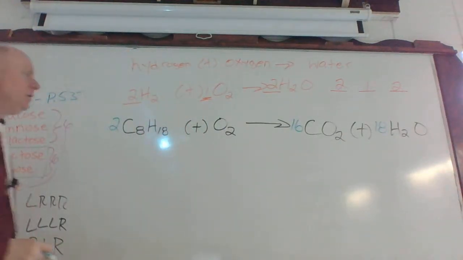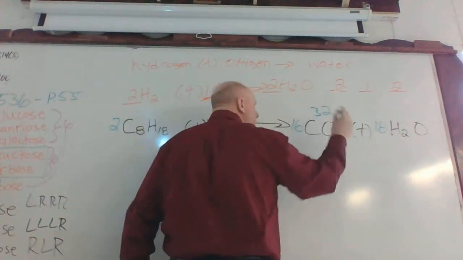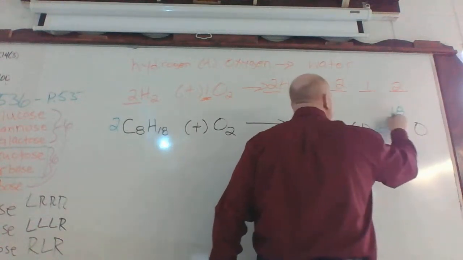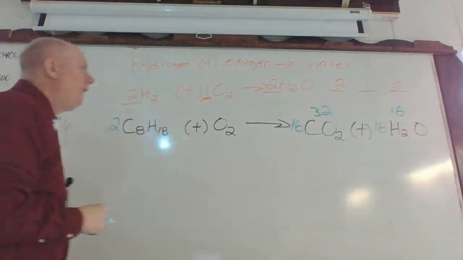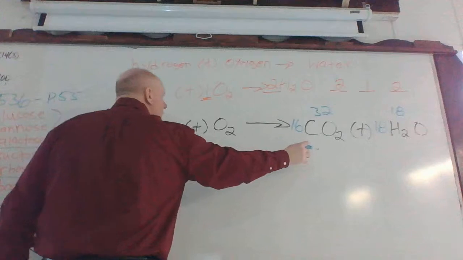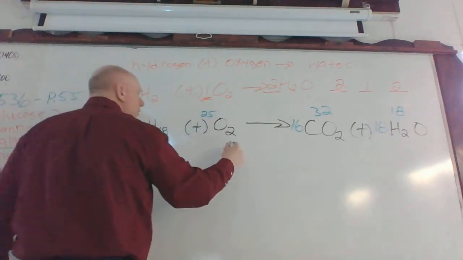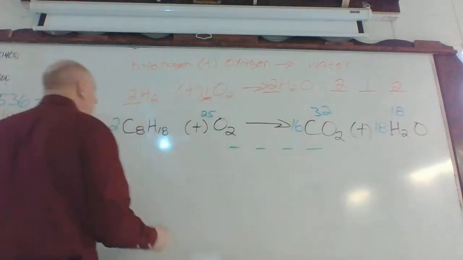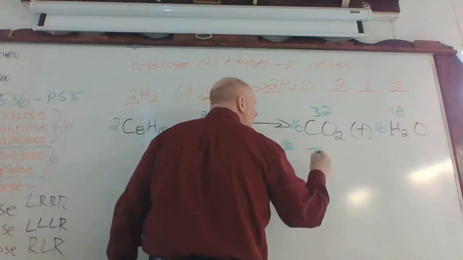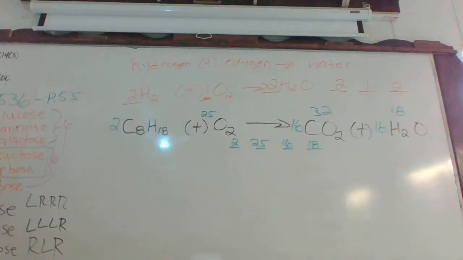The last one to do is our oxygens. 16 times 2, 32. 18 times 1, 18. Adding those two together would give us 50. So 50 oxygens are on our product side. On our reactant side, we only have 2, so we put a 25 here. So our coefficients would be 2, 25, 16, and 18. Okay, again, combustion reaction.